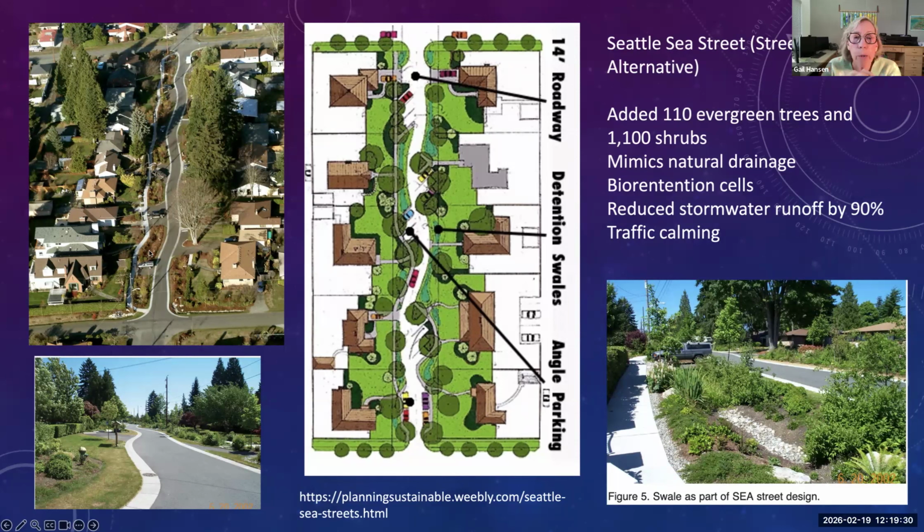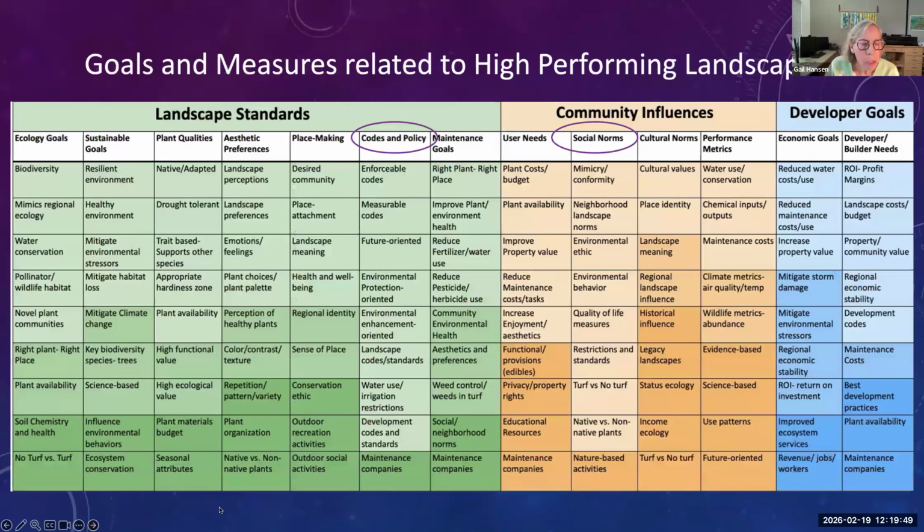And they were able to do that without encroaching onto private property by just narrowing the street and dedicating more of it to stormwater. So that's just an example of some of the ideas that we're putting in the Good Neighborhood Project book.